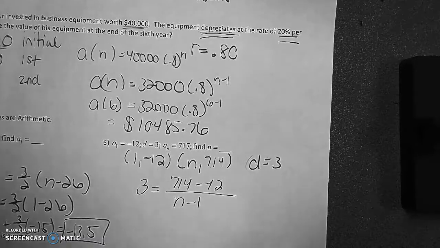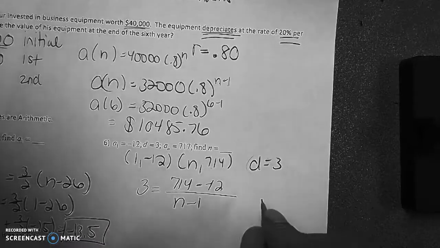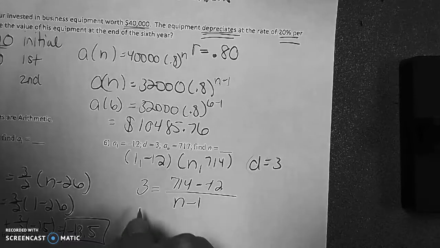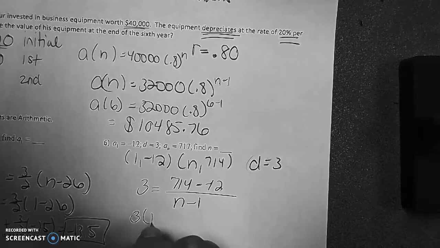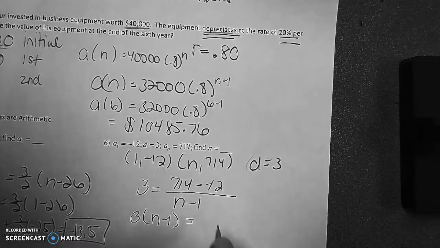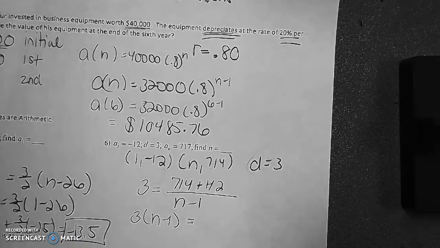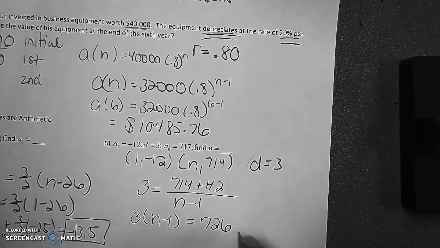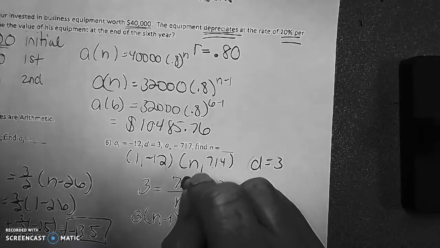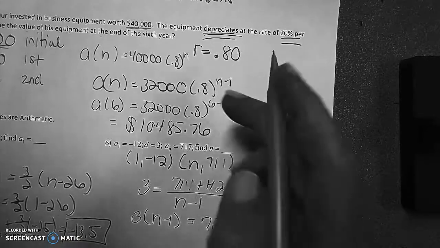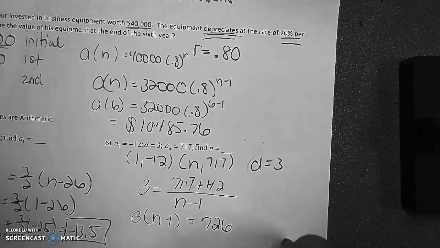Well, I want to get rid of this fraction, so I'm going to go ahead and multiply by n minus 1 on both sides, so I'll get 3 times n minus 1 equals 726. Oh, wait, I copied the problem wrong. That should be a 7, that should be a 7.